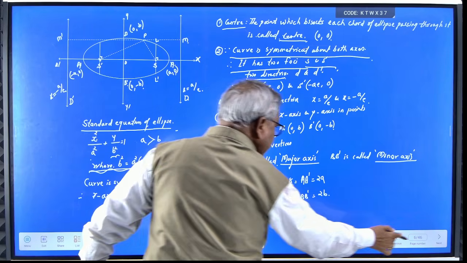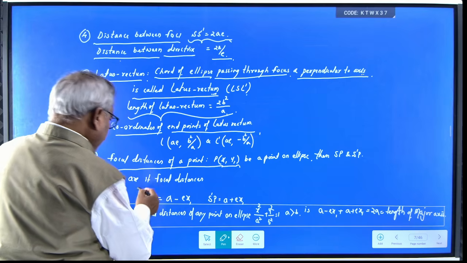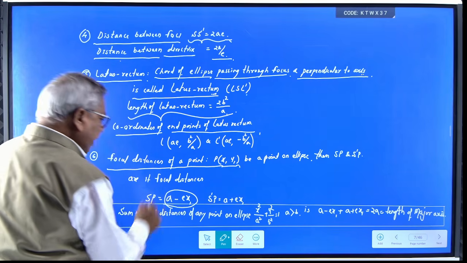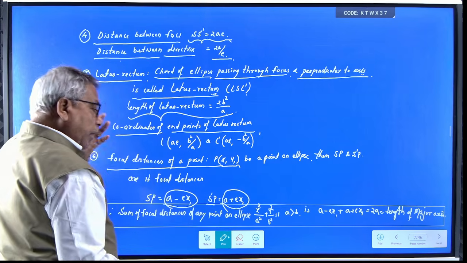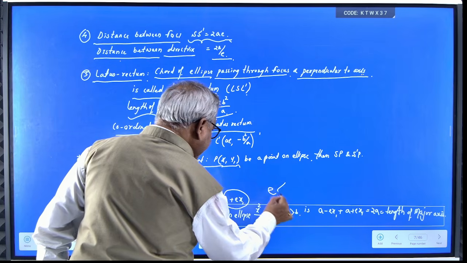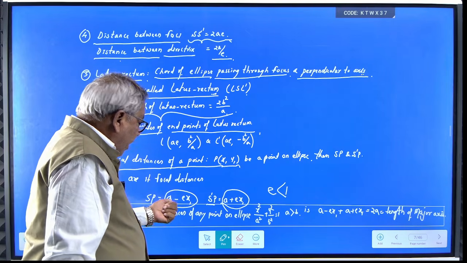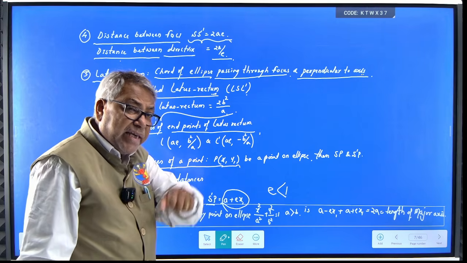The values are SP equal to a minus e x1 and S dash P equal to a plus e x1, remember that e is less than 1, and (x1, y1) is a point on the ellipse.